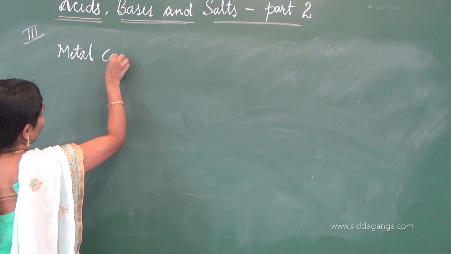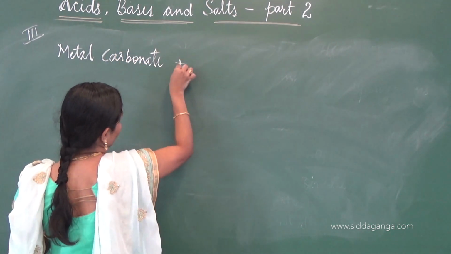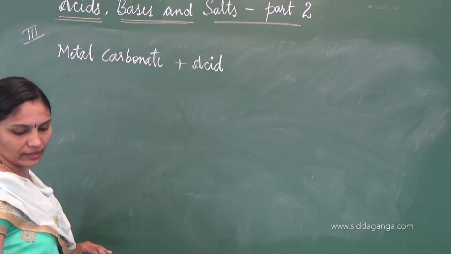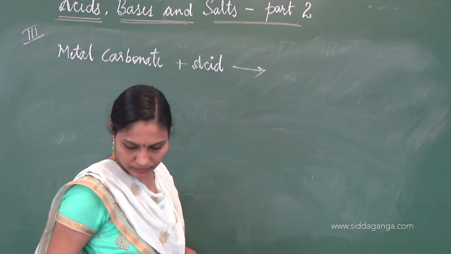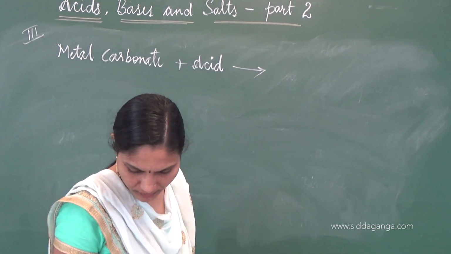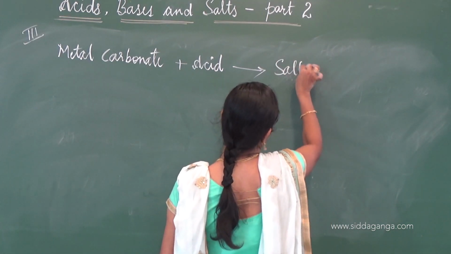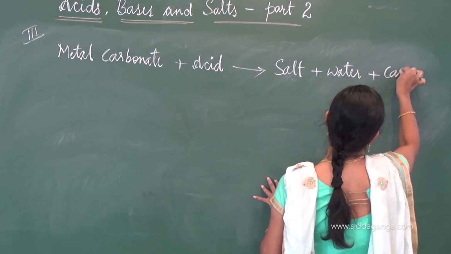Metal carbonate plus acid. I am writing the general equation. Metal carbonates react with the acid to give salt, water and carbon dioxide gas.